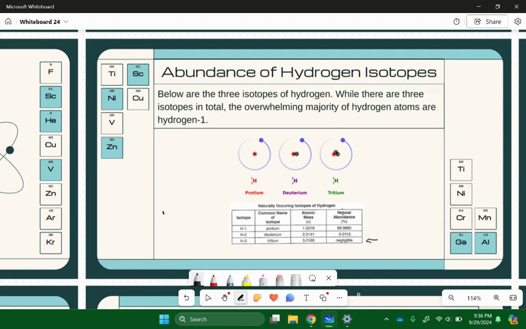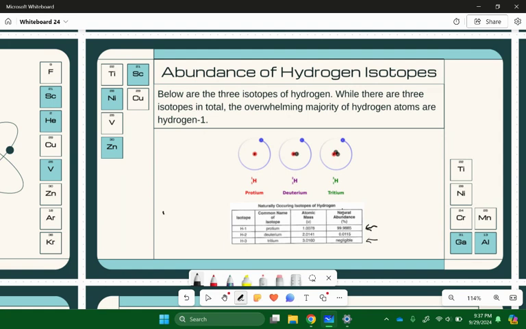And we can see if we look at the natural abundance right here, that protium makes up 99.98% of all hydrogen. Most of it is protium. And protium is this one right here. It's one proton with an electron around it. Okay. Now, remember, it's called hydrogen 1 because its mass number is going to be 1. It's got one proton and no neutrons.